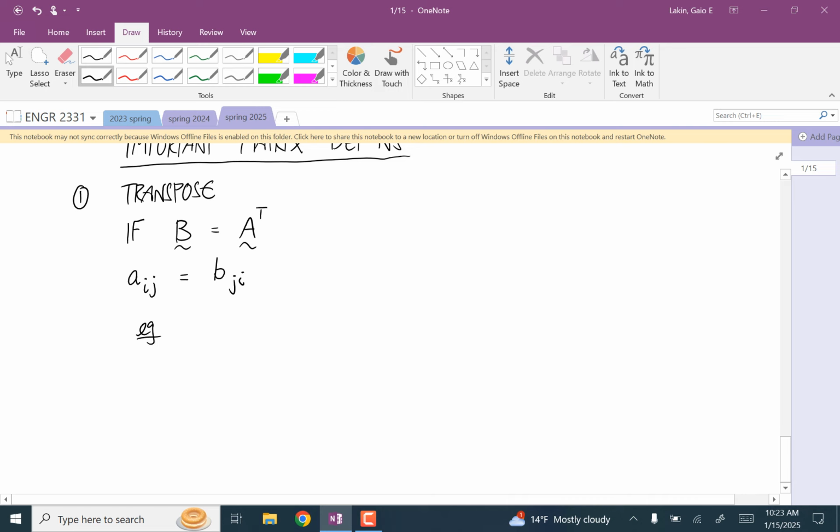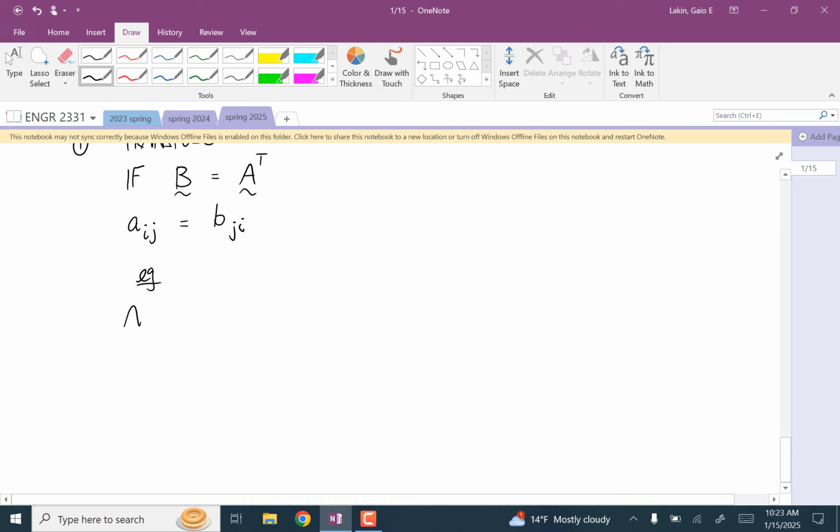As an example of what this looks like, if you have a matrix A that's equal to 1, 2 in the first row, 3, 4 in the second row, 5, 6 in the third row, then the transpose of A is everything that was a row is now a column.